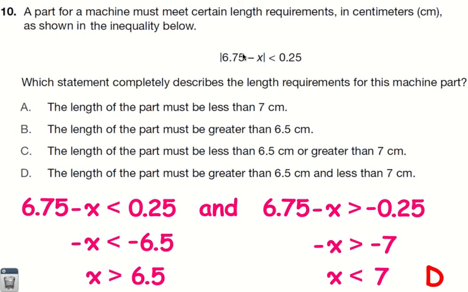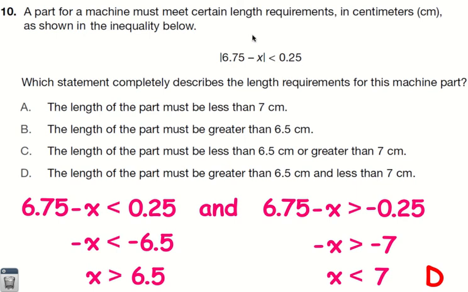When you see the absolute value of a difference, you can think of it as like the distance between, you know what I mean? The distance or the difference between these. So you could overall translate this to the distance between the length of the part and 6.75 has to be less than 0.25.